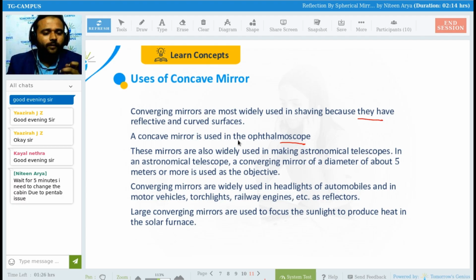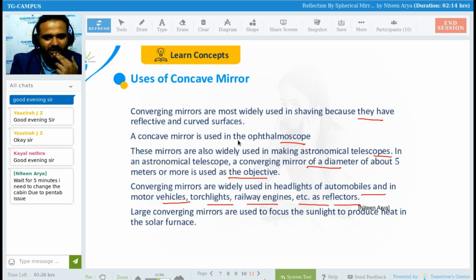Ophthalmology means the doctor who does the treatment of your eyes. These mirrors are also widely used in making astronomical telescope.